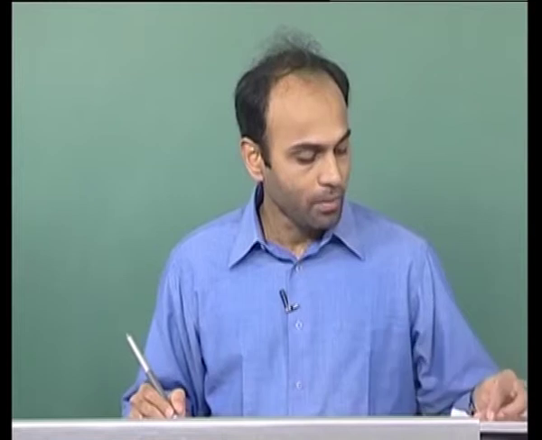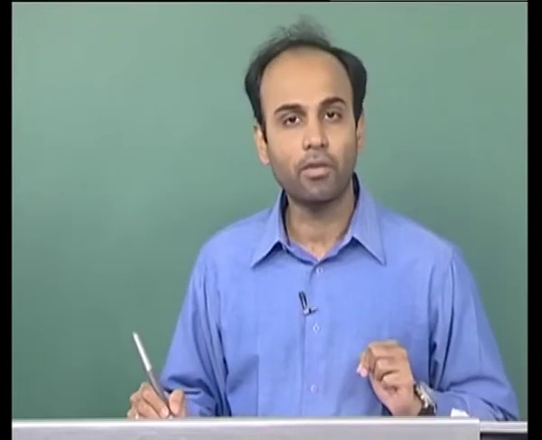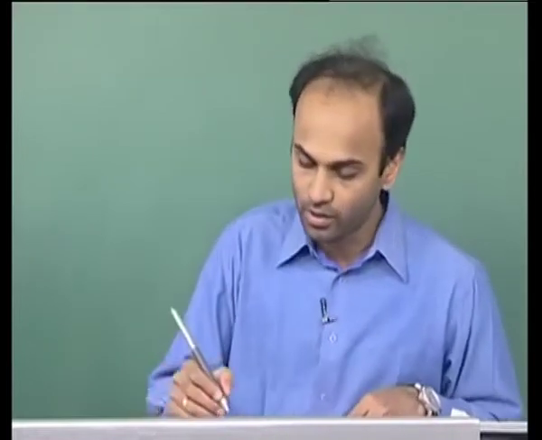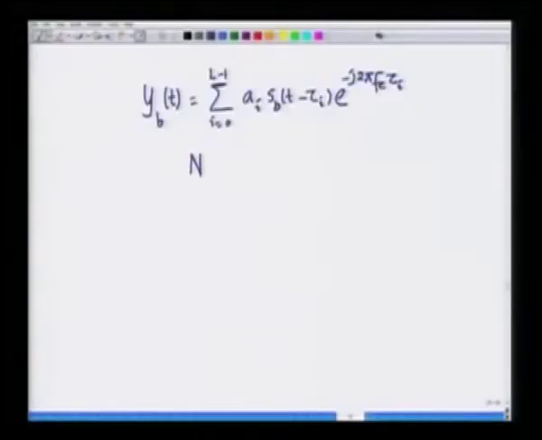And now, let me make a simplifying assumption which I will call the narrowband assumption, popularly known as the narrowband signal assumption. Let me describe what that means and give you an example.